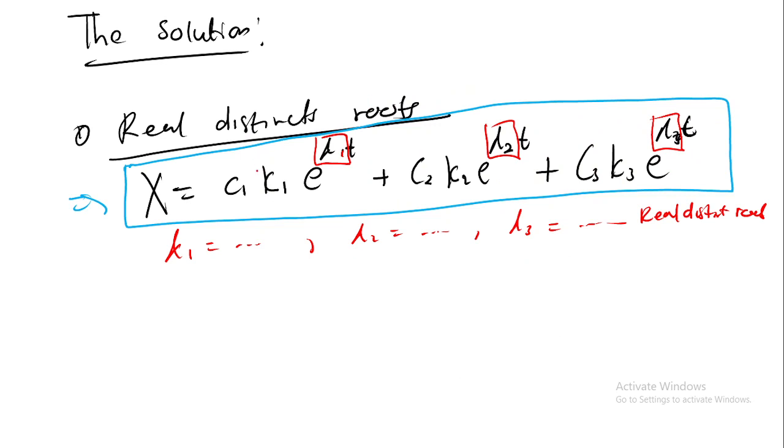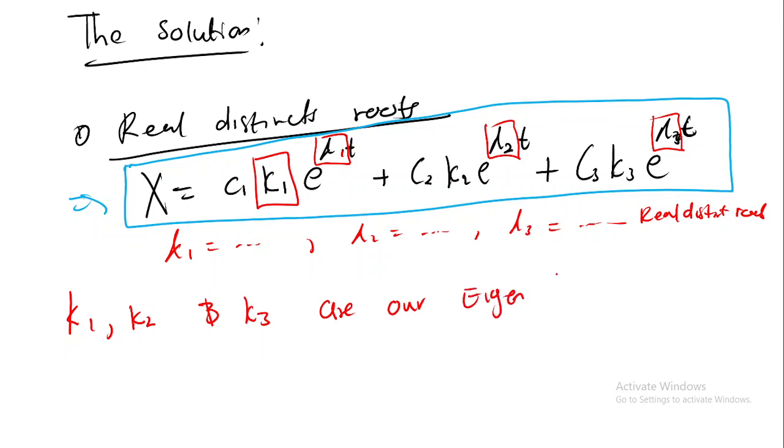So you might ask yourself, what exactly are K1, K2, and K3? In short, K1, K2, and K3 are our eigenvectors with respect to lambda 1, lambda 2, lambda 3.